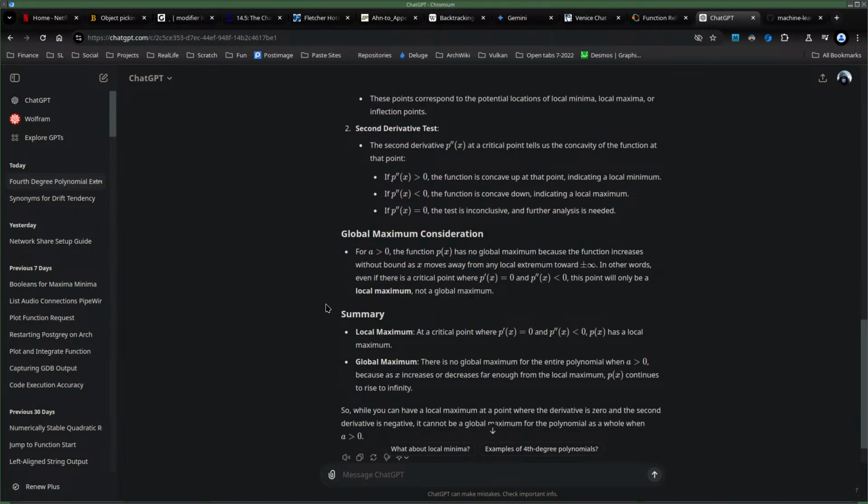Okay, so it kind of agrees with me that there's no global maximum. It calls it local maximum.